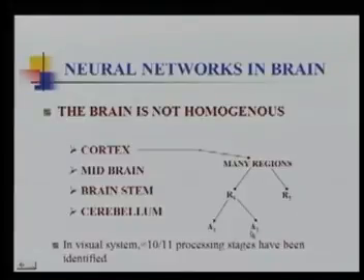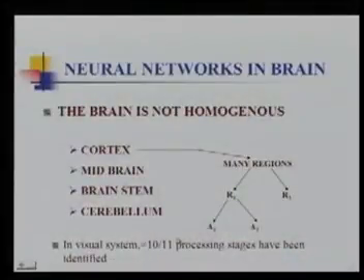For example, one region of the cortex, the visual cortex, has been studied in detail. Researchers have found around 10 to 11 processing stages in this visual cortex, because this is the most studied region in the human brain, as visual processing has attracted the attention of researchers at large.